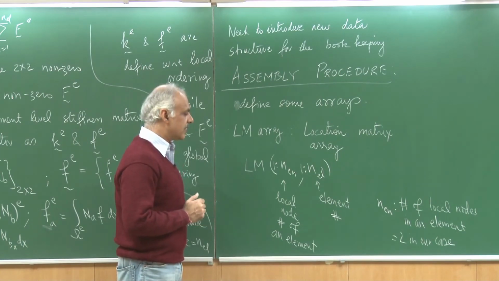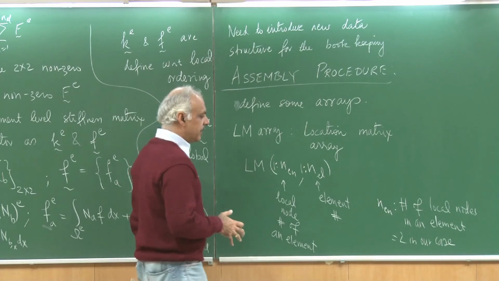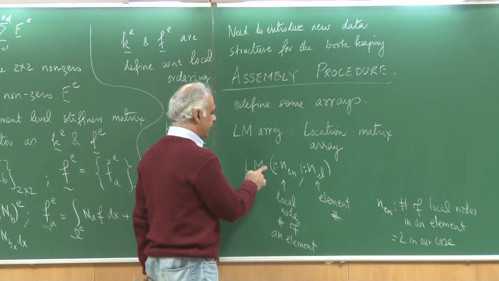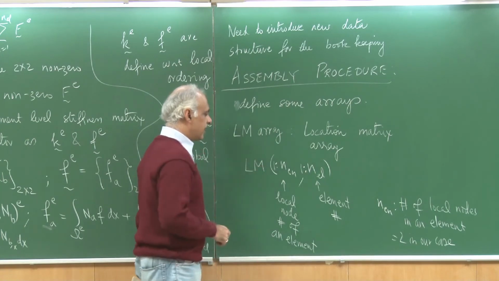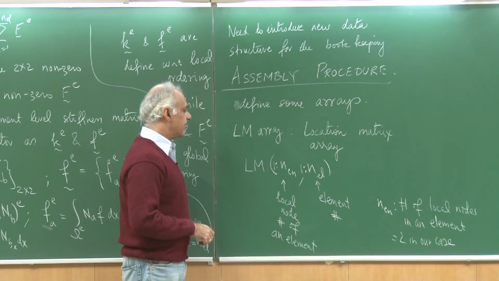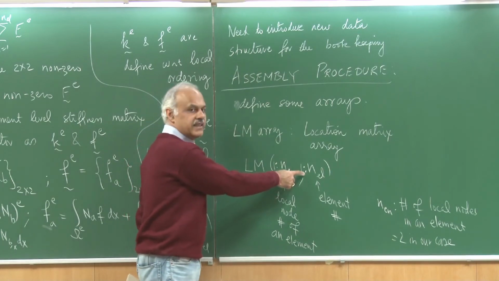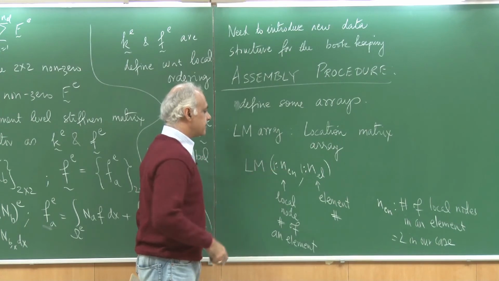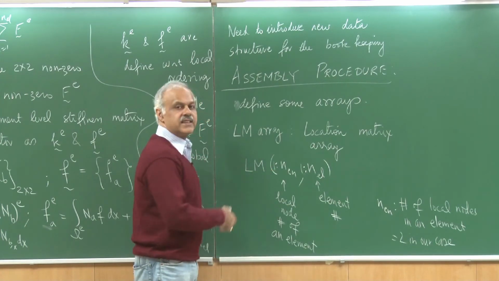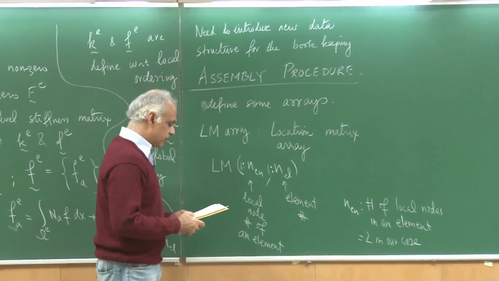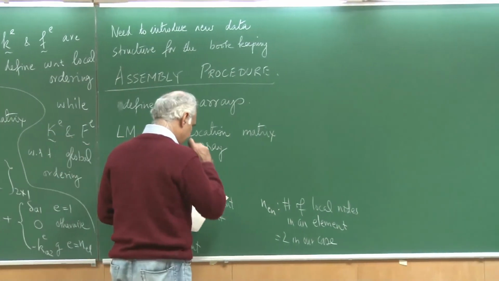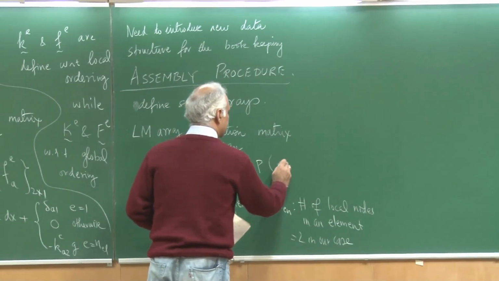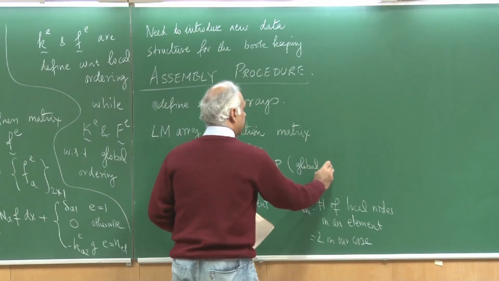Okay, we will look into those cases later on, but for the time being let's stay with the linear space. So, NEN is 2. So, what this array will tell us is that for a given element E, when I talk about the local node numbers, then which are the equation numbers that this LM array is pointing to. So, this will actually give us the corresponding P, which is the global equation number.